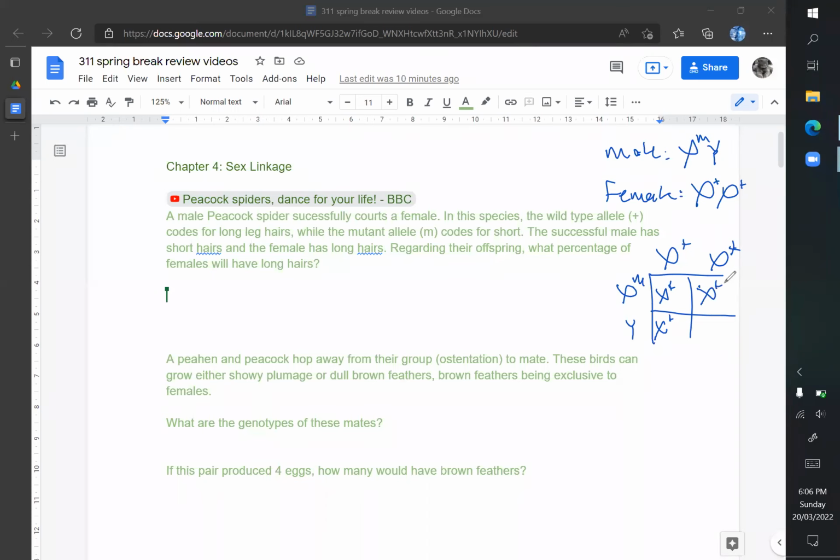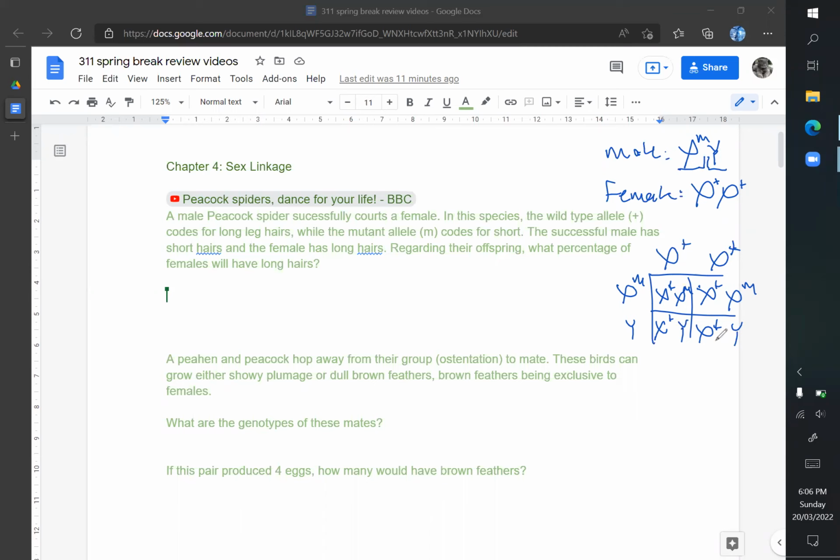Because, you know, the female only has one type of gamete, X plus. She has two of them, but there's only one type. And so we can cross this XM, the Y from the male. So the male can either contribute this kind of X chromosome or a Y chromosome.